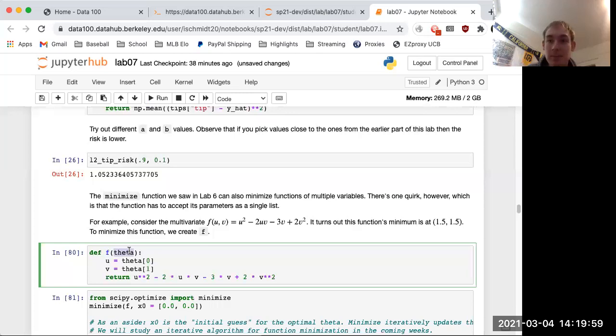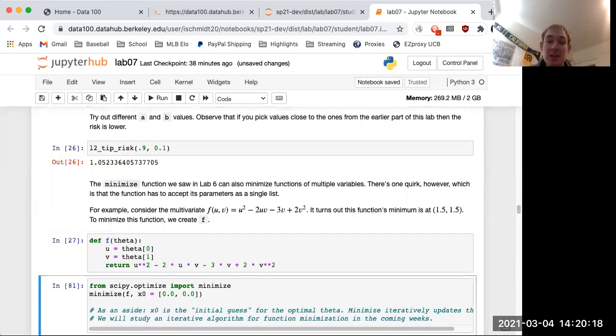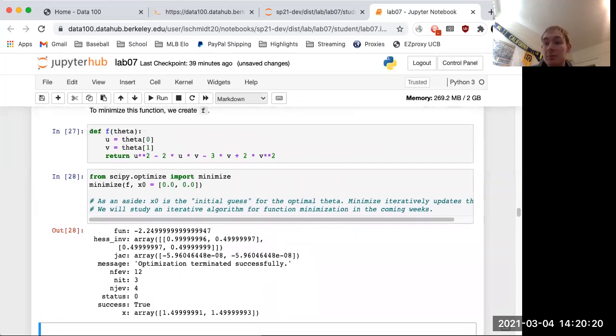So here's a silly example. We just have a two-dimensional quadratic, so to speak, in u and v. Instead of saying f of u and v, we can say f of a list, in this case we're calling the list data, and then subset into the list and do the calculations, and minimize will work exactly as we expect it to.